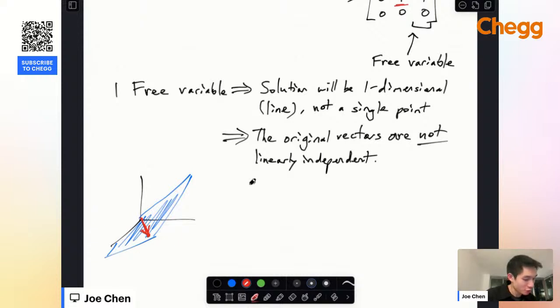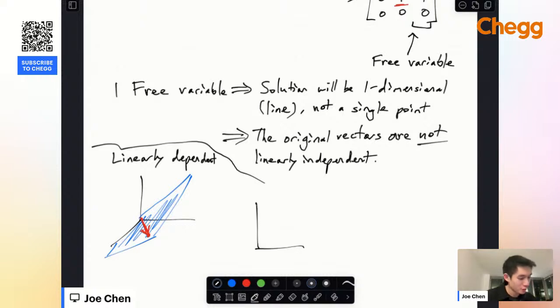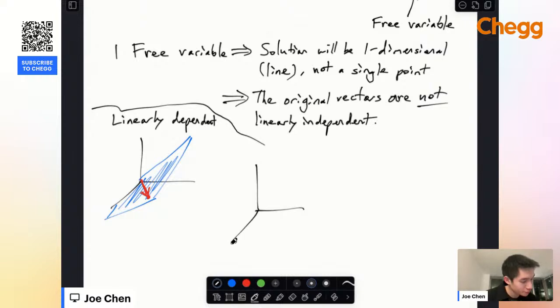So this is linearly dependent. Whereas if they're truly linearly independent, it would look like if you draw two vectors and draw the plane that goes through them, but then the third vector would go off in another direction like this.